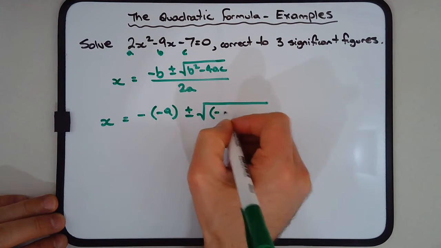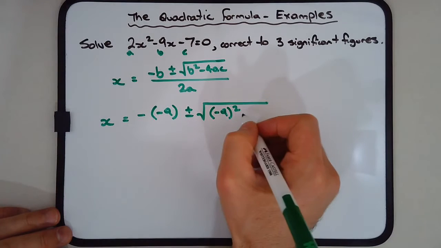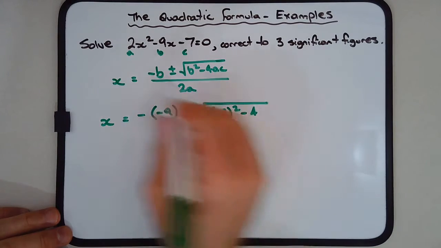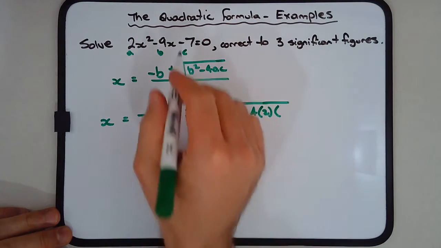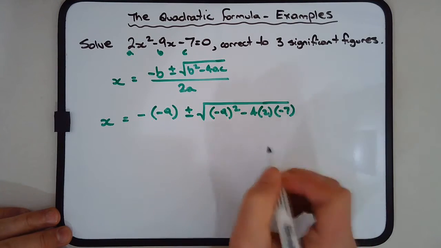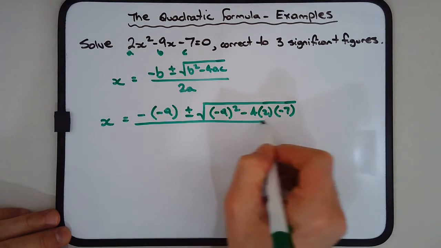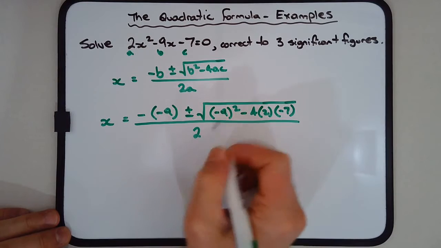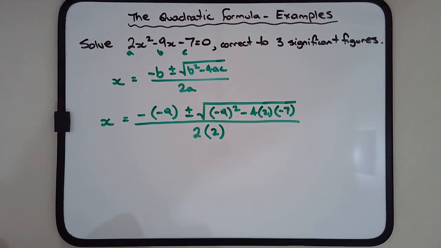So b squared is negative 9 all squared, minus 4ac, so minus 4 times a, and c, which is negative 7. All over 2a. So that's 2 multiplied by 2.